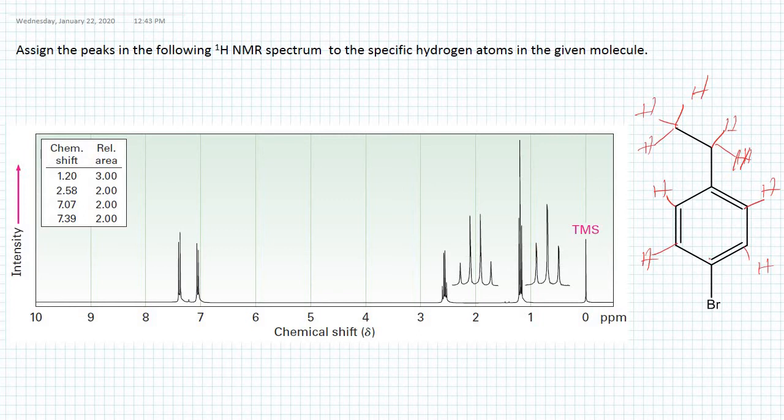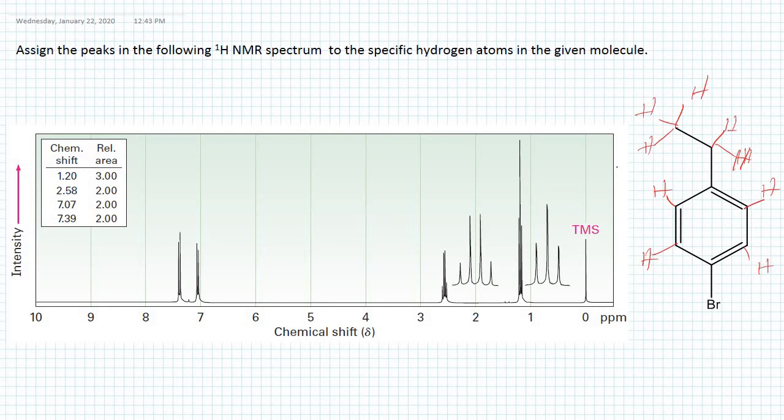Okay, then let's look at the different type of hydrogens, protons, and let's match them in the given spectrum. So here we have 3 equivalent protons, so they are homotopic protons, so they will appear together. And since these 3 hydrogens have a neighboring carbon, and in that neighboring carbon we have 2 equivalent protons, 2 plus 1, so I'm going to label them with letters.